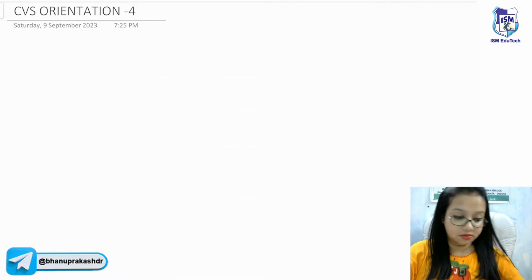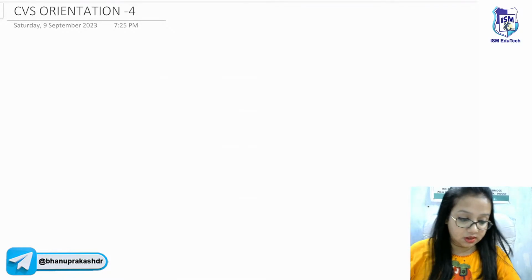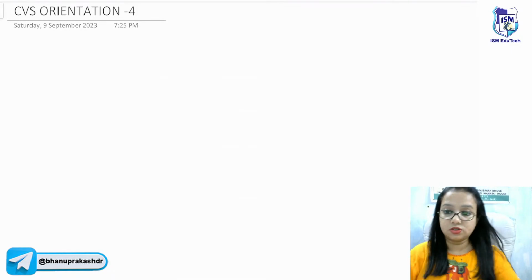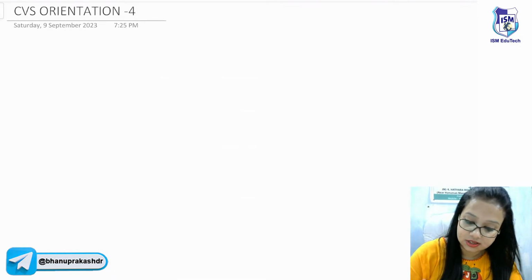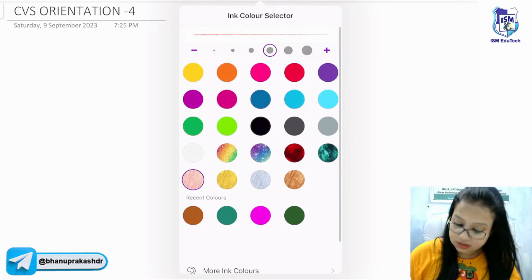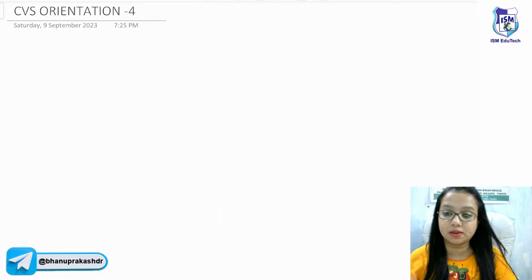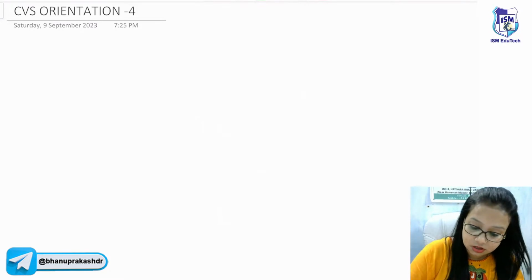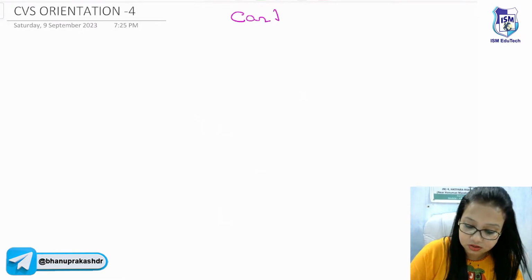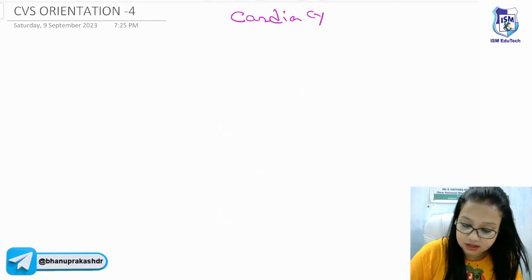Hello, good evening everyone. In this orientation session, we are going to get oriented to the events that happen in the cardiac cycle. So, we start with the cardiac cycle.